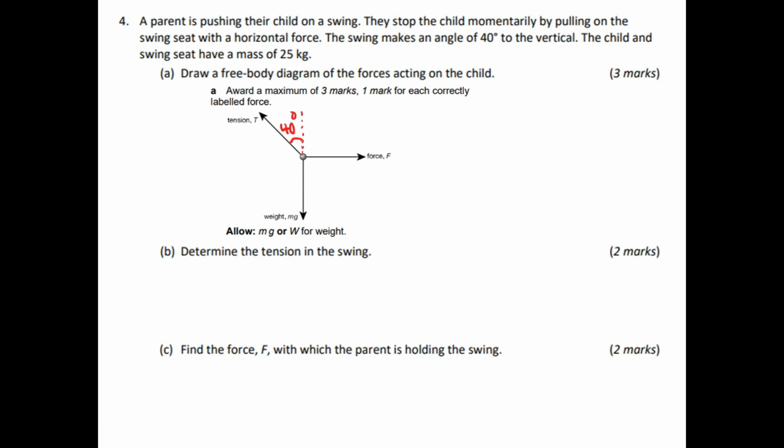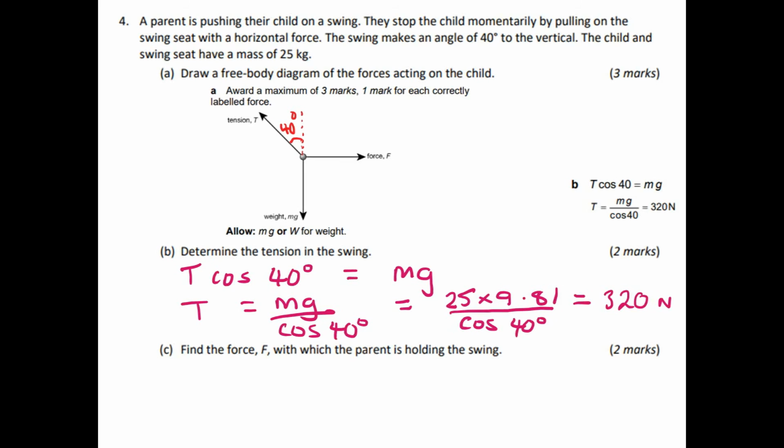Part B, determine the tension in the swing. We're given the mass, which means we can find the weight from mg. The way to do this one is to find the vertical component of the tension, which is T cos 40, and then make that equal to mg, the weight.